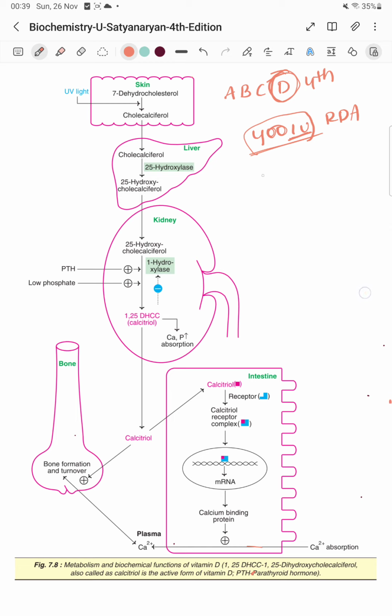Okay, and now sources. Mostly vitamin D has no dietary source. You have UV light or sunlight.